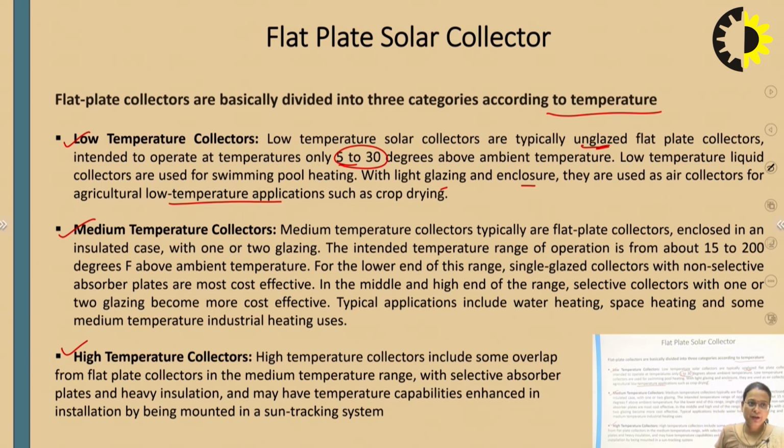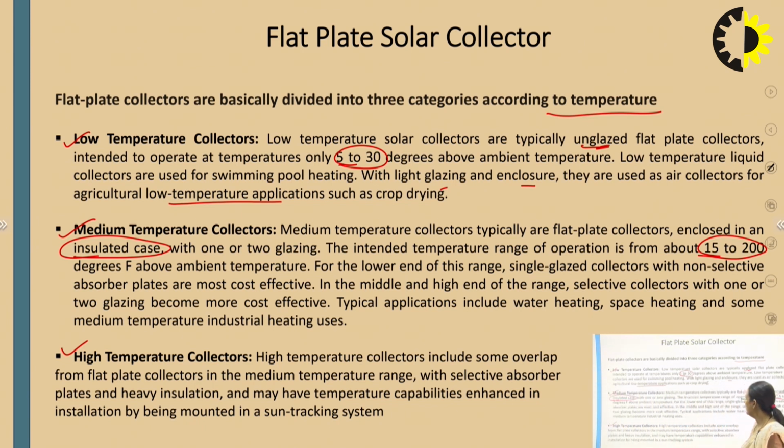Medium temperature collectors are flat plate collectors which are enclosed in an insulated case, with one or two layers of glazing, okay. The intended temperature range of these medium temperature collectors is from 15 to 200 degrees Fahrenheit above the ambient temperature, right?